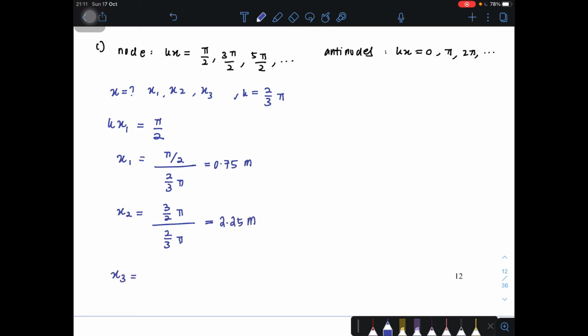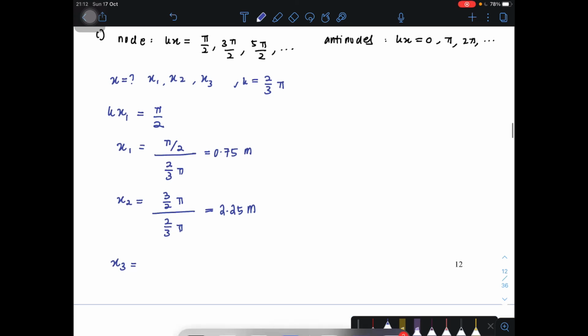And then x3 adalah sama dengan 5 over 2 pi divided by 2 over 3 pi. This is x3, so sama dengan 3.75 meter. So this one adalah first 3 positions untuk node.